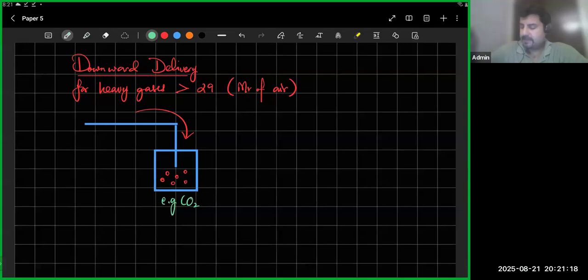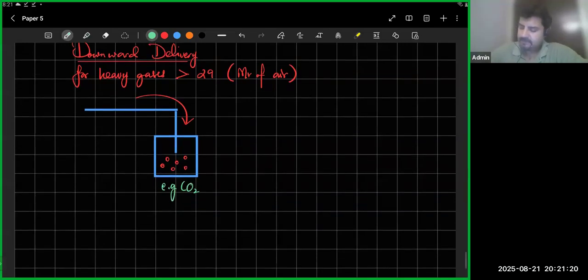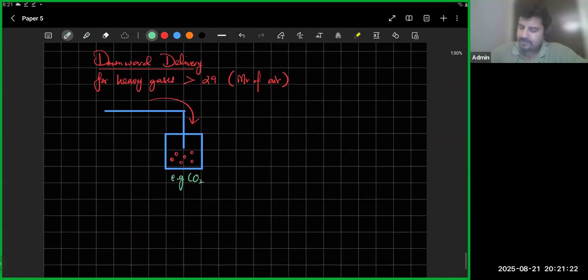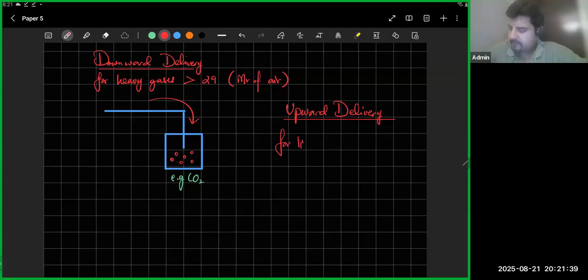So okay, that's downward delivery, and the other one is exactly the opposite, that's the upward delivery, and that one is for collecting light gases, lighter than 29, which is again air.